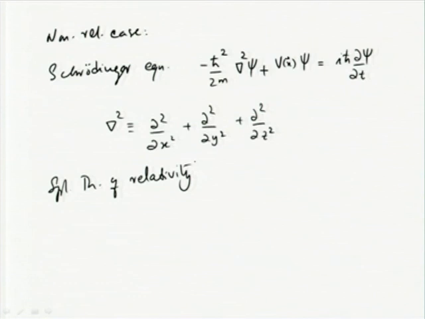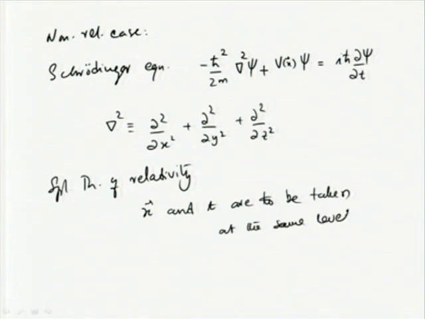Whereas, in the Schrodinger equation, this is not the case. The Schrodinger equation is quadratic with respect to the spatial derivative, while first order with respect to the time derivative. This is a problem. So, how do you actually treat x and t at the same level and get a dynamical equation?